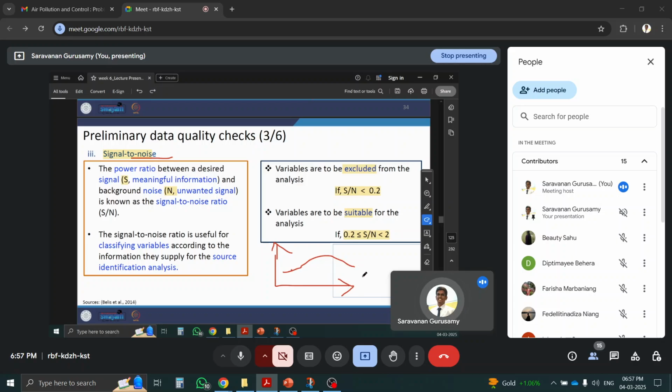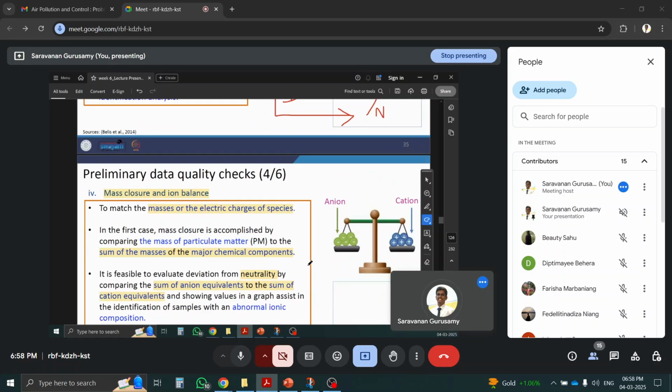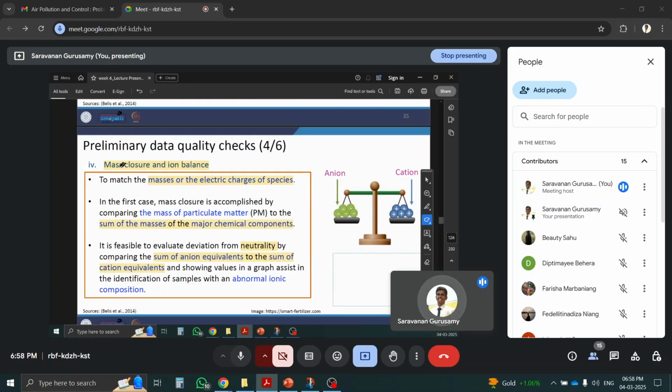So that process is called noise reduction techniques. Whenever your results have a noise ratio of less than 0.2 or greater than 2, that needs to be eliminated, and a suitable value is, I mean, the signal to noise ratio will be between 0.2 to 2. Okay, then mass closure and ion balance is preliminary data quality.